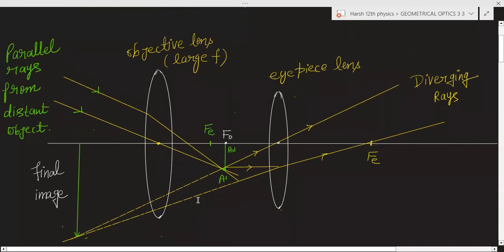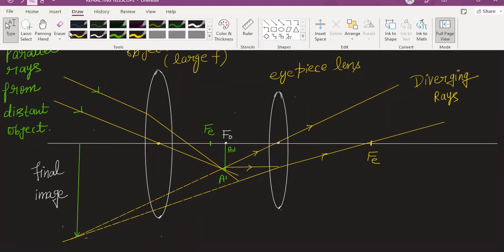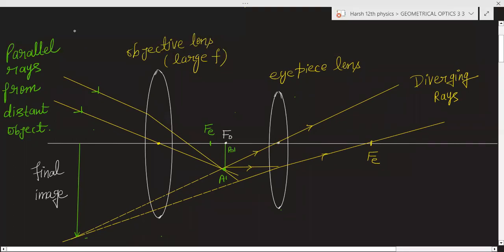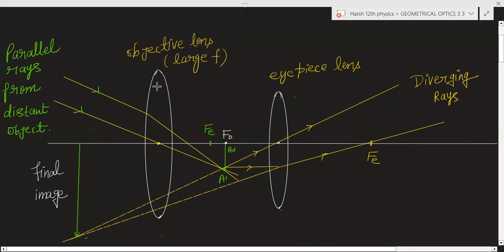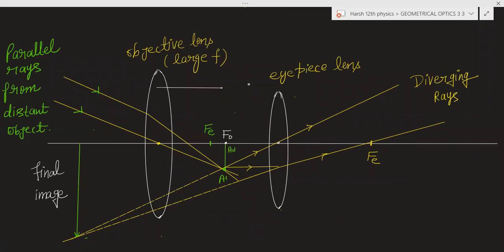Now we will mark the distances. If talking about this distance, the distance between the optical center and FO will be the focal length of the objective lens.